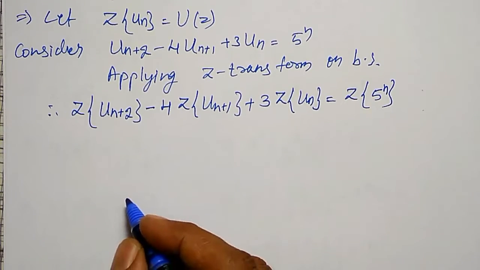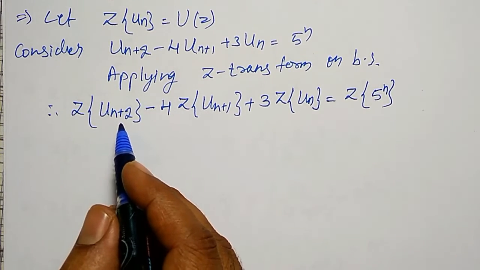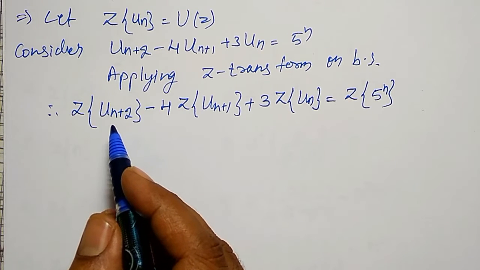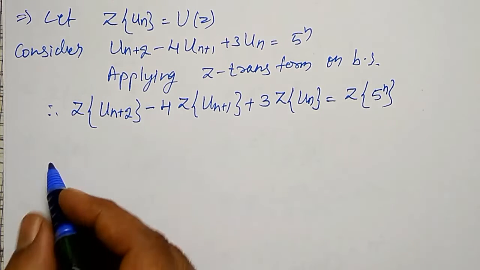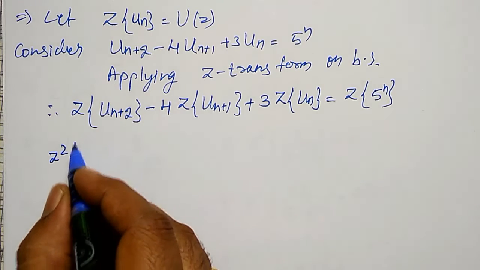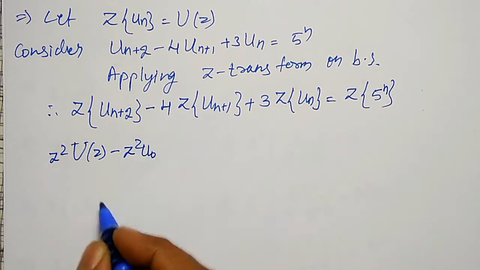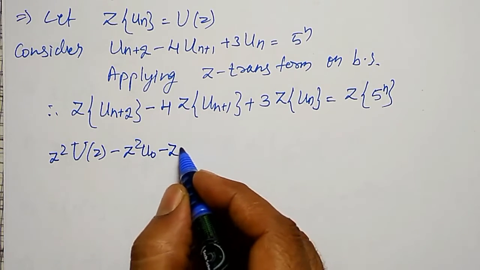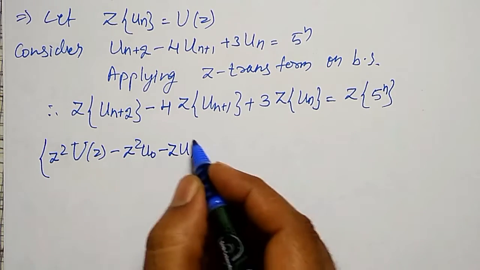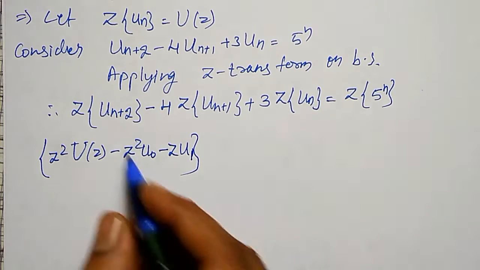Now, I have to use the z transform of u(n+2) as I have explained in my previous videos. I can write this as z squared U(z) - z squared u0 - z u1 is the z transform of u(n+2).